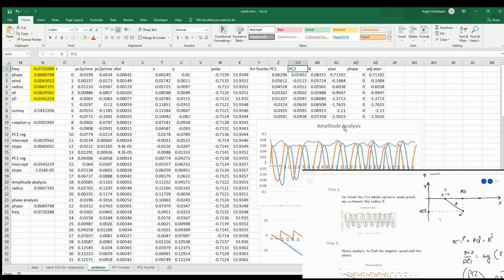And this was my amplitude analysis, right? Remember I said, how do I identify R? Well, I take the square root of the squares of PC1 and PC2. I get the sum of squares and then the square root of it, that's my R. And then I get the average R. Approximately here, I don't have a trend, but why don't I just add the trend line here?